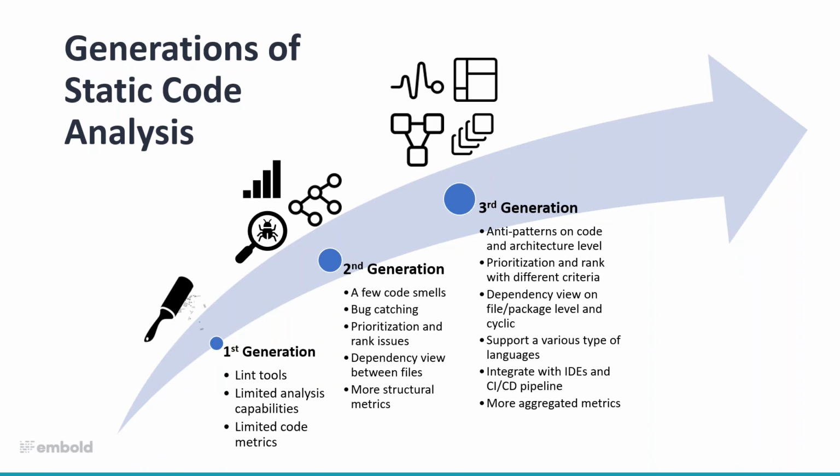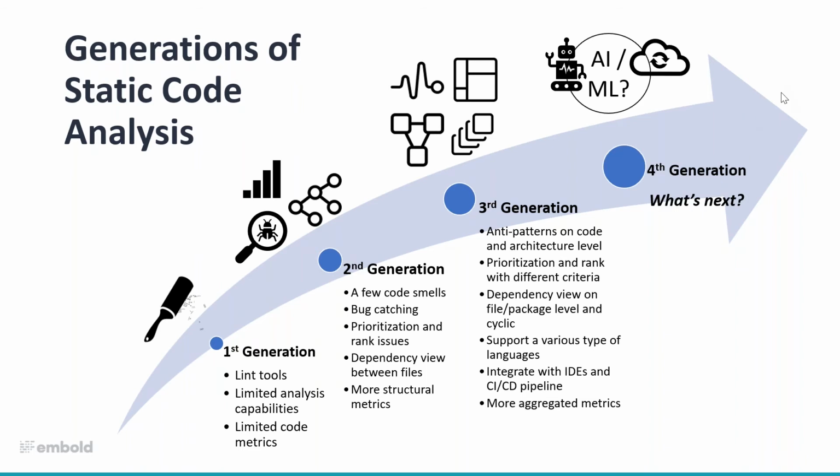Of course there are a few things that can be improved, but at the moment we are trying to give useful features for developers using code static analysis tools. Some of them are also now looking at more aggregated metrics, which I think are useful for business decisions and from a technical debt perspective.